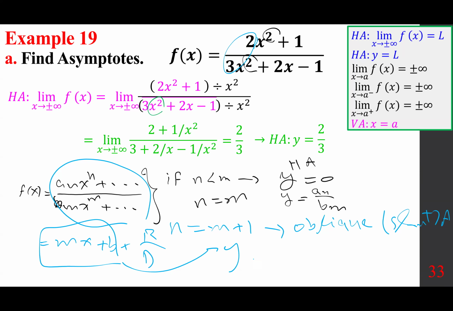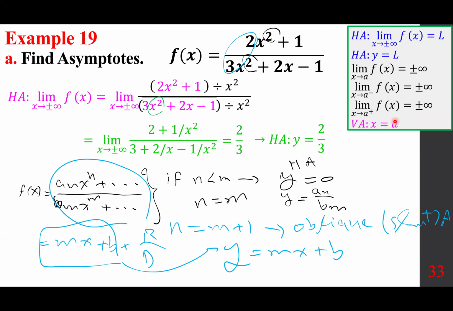This y equals mx plus b becomes your oblique asymptote. I hope everybody remembers that. But the proper methodology is to take the limit as x approaches positive, negative infinity, and prove that the horizontal asymptote is 2/3.